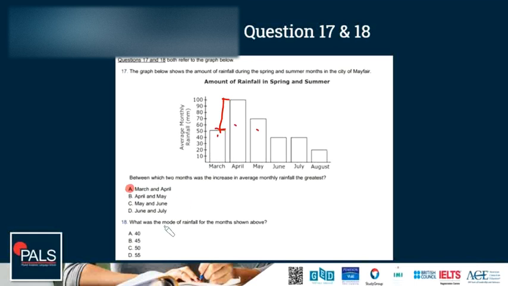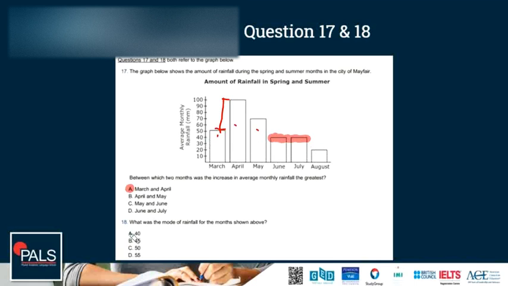For 18, what was the mode of rainfall for the month shown above? Okay, we just discussed what the mode is. The mode is the most reoccurring value in our data set. We can see that we have 2 months that have the same rainfall, June and July, so that's going to be our mode, and I think they are 40.